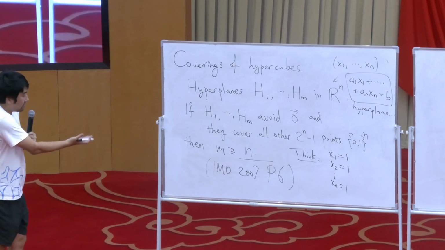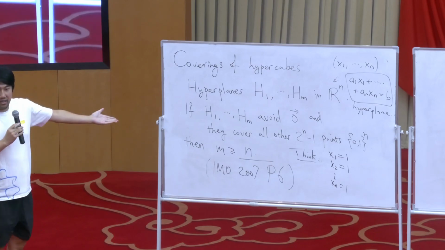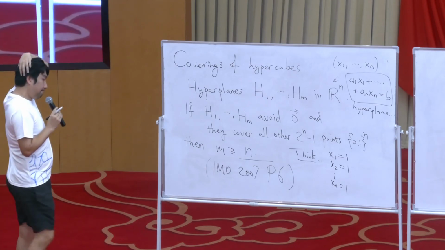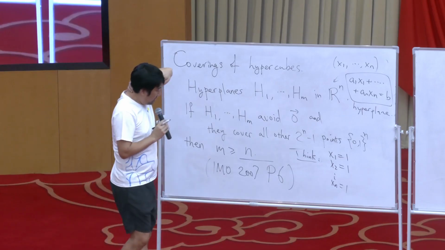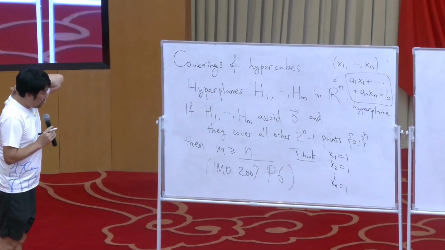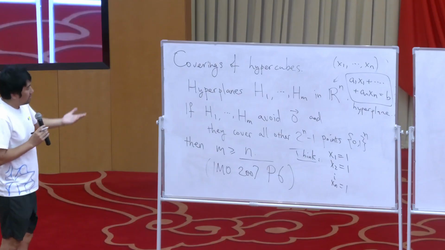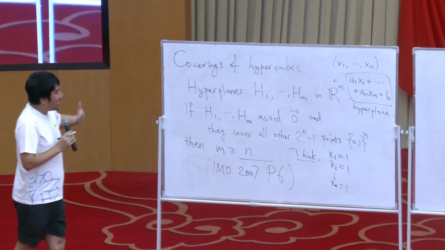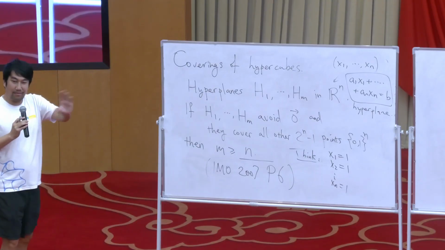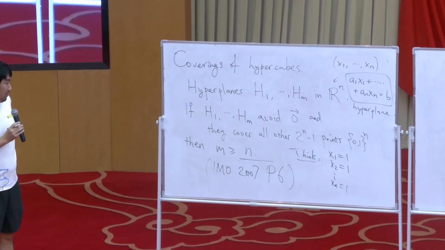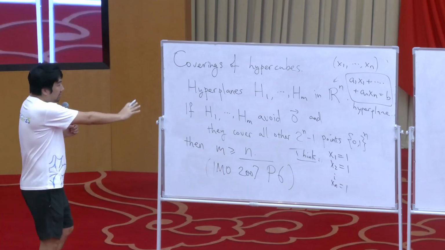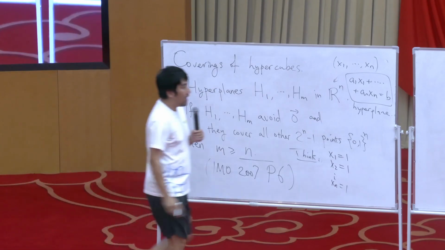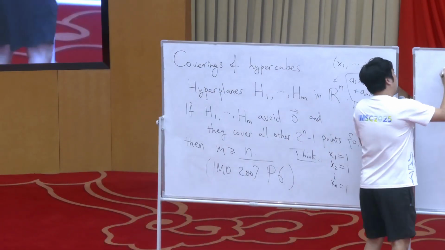So you go back to the problem, and this is a special case. Maybe not exactly a special case, but the problem is similar, and the technique transfers. This question is known as the Alon-Füredi theorem.